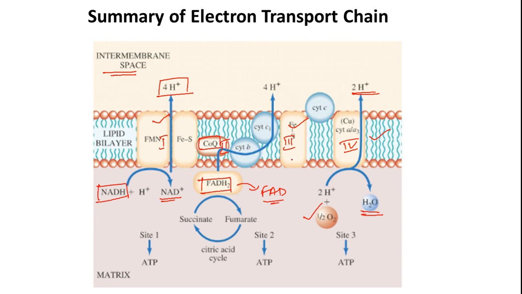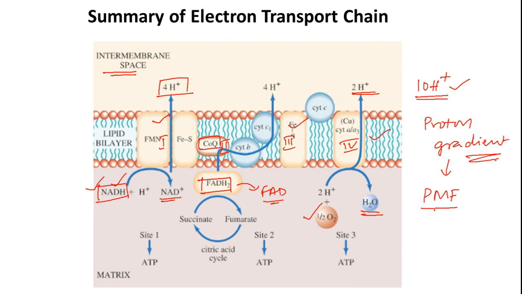So overall, per mole of NADH, a total of 10 moles of protons are pumped across this membrane, so that we generate a proton gradient. This proton gradient you can also see in the form of proton motive force, the force that can be utilized for any physical actions.